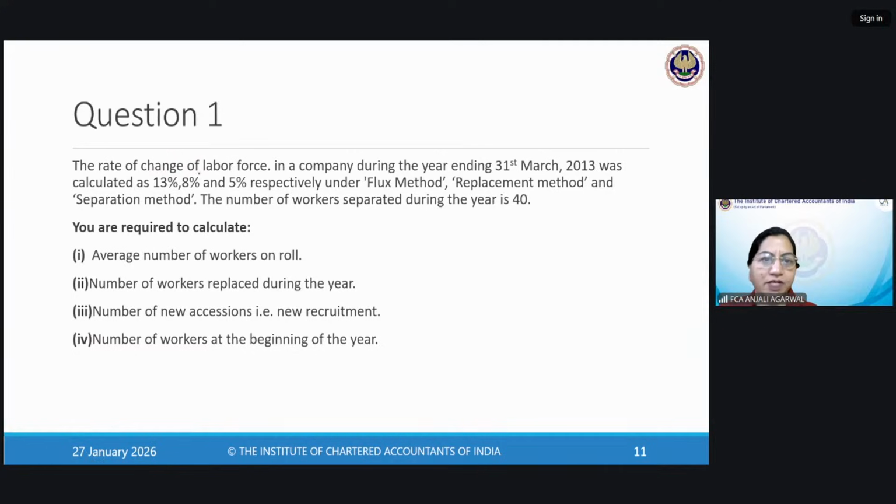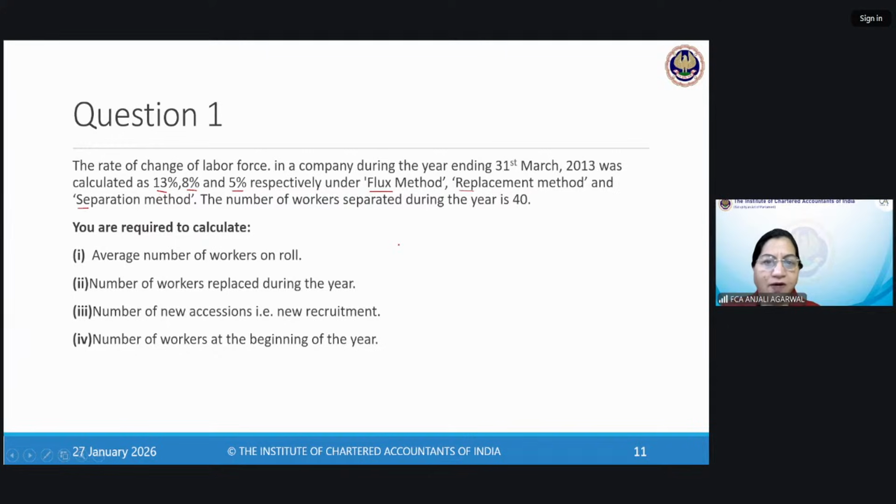The rate of change of labor force in a company during the year ending 31st March 2013 is calculated as 13%, 8%, and 5% under the flux method, replacement method, and separation method.